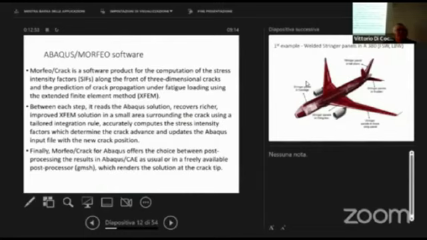A key point in this simulation is so-called Morfeo as a post-processing of Abaqus results. Morfeo is actually in charge of calculating stress intensity factors in 3D, their distribution, and according to that, to predict the crack path, and then to provide all data needed for Abaqus for the next step of calculation.